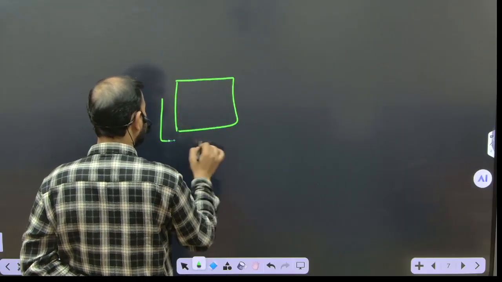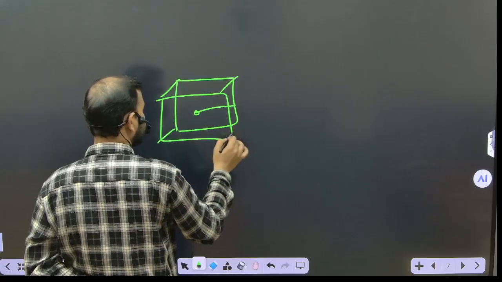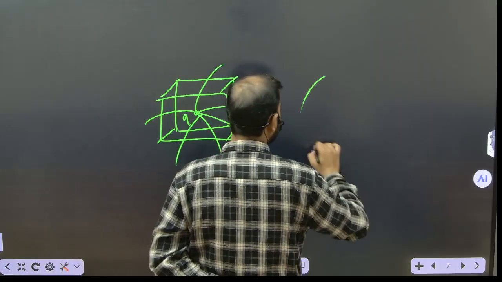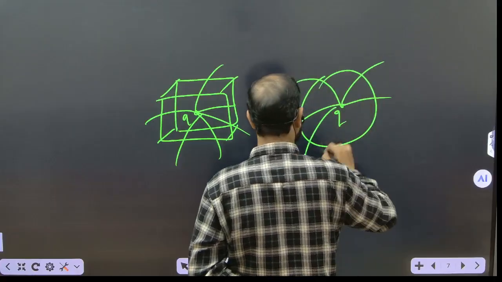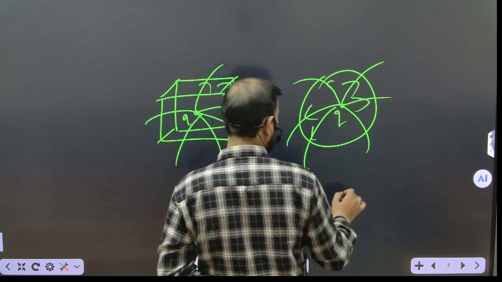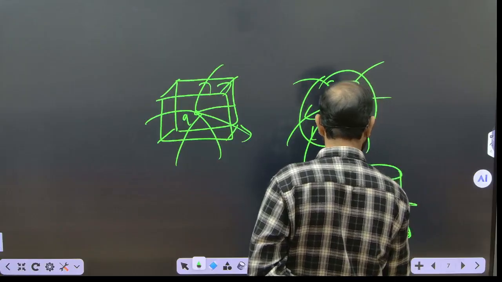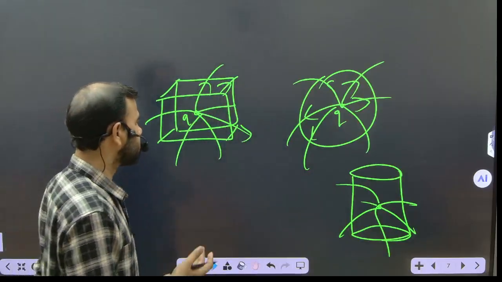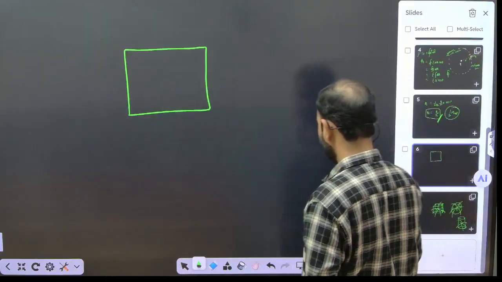Even if it is a cube, the electric flux will be the same. Even if it is a sphere, the electric flux will be the same. Even if it is a cylinder, the electric flux will be the same. It doesn't matter which type of enclosed surface you are considering. So let's say one question is here.